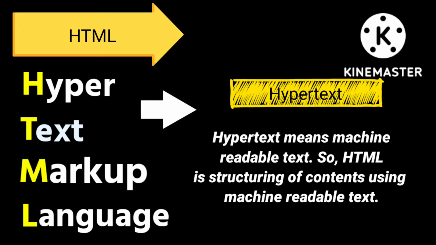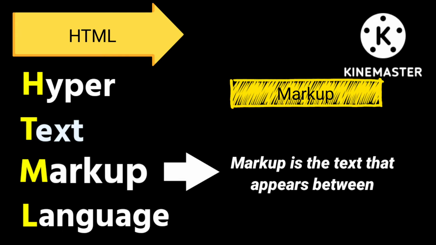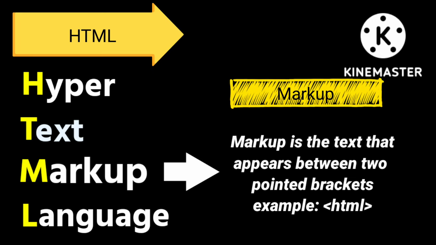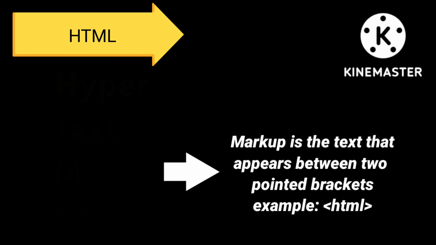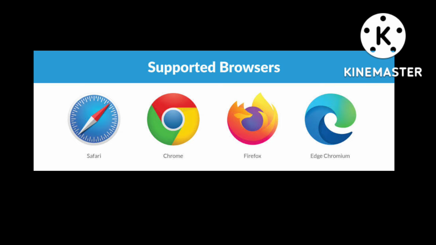So we can say HTML is the structuring of contents using machine readable text, and markup means it's the text that appears between two pointed brackets. As an example, <html>. If you write code in HTML, it is supported in different browsers like Safari, Chrome, Firefox, Edge, etc. Now the common question that comes to mind is, where do I write HTML code?